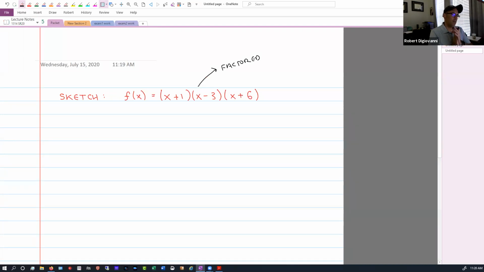Okay, now, when we look at a polynomial, if it is factored already for us, we can find the x-intercepts really easily. Does anyone have an idea of how we can find the x-intercepts? How did we find the x-intercepts for a quadratic? Wouldn't we factor?